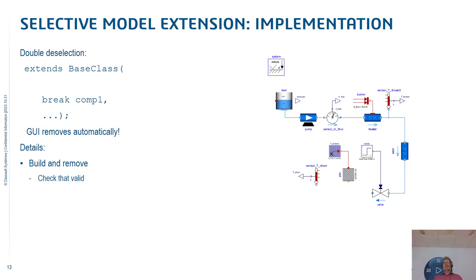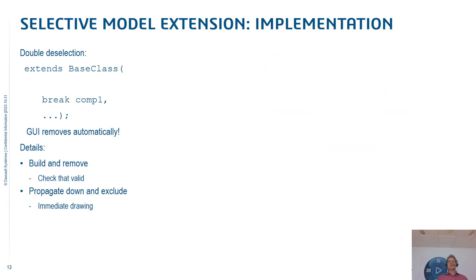And then in terms of implementation, it's specified in this way that you first build the new model, and then when deselected, you remove the things that you want to remove. And that's very good, because you can see that you actually had something to remove, and that's sort of how you want to have it implemented. However, there's also a different possibility, and that is that you just propagate which components or connections you want deselected and exclude them.